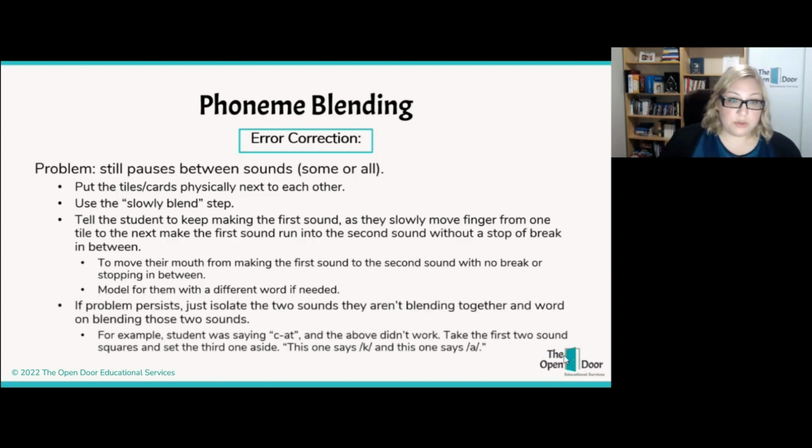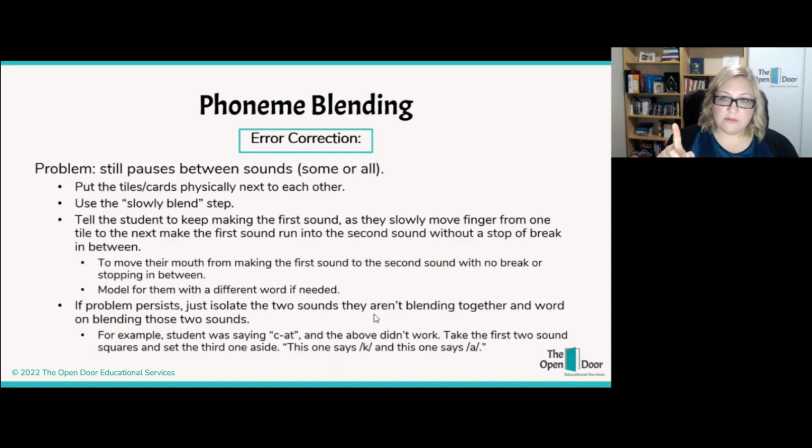Now, if that problem persists, then let's say that they're working on the word cat and they're saying k, at, and they're having trouble blending that C and the A together. Then you can say, you know what? Those last 2 sounds, you've got those blending together perfectly. So let's remove that last sound for now and just work on blending together the first 2 sounds. So this one says k and this one says ah.